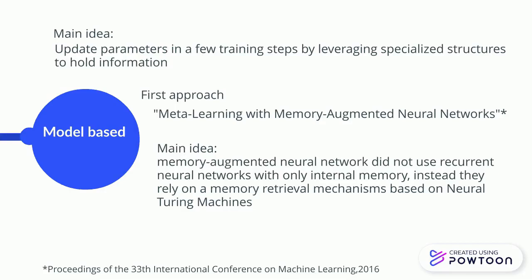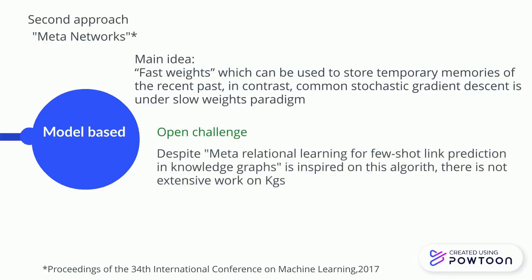One of the most relevant works in this direction is the meta-learning with memory-augmented neural network approach, in which they use a retrieval mechanism based on neural Turing machines. Another work is meta-networks, which use the idea of fast weights.